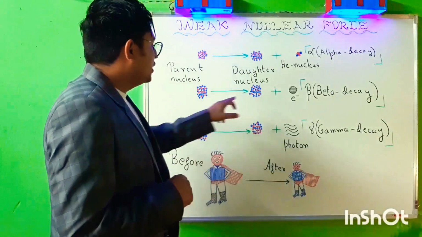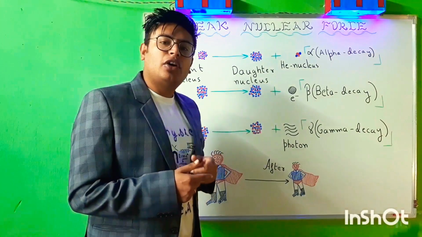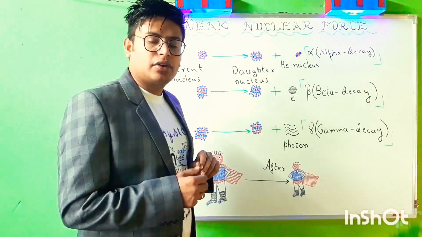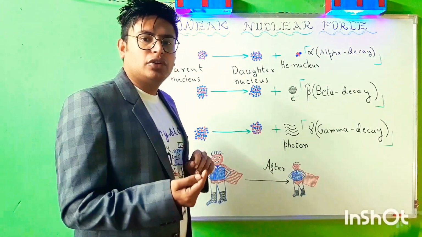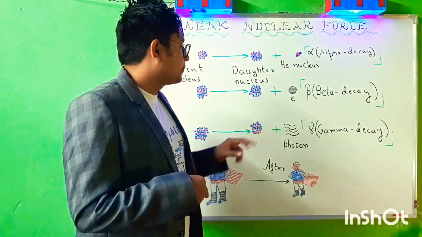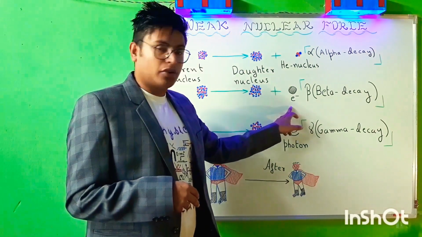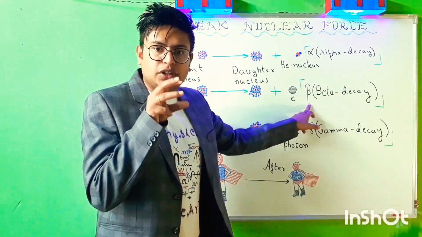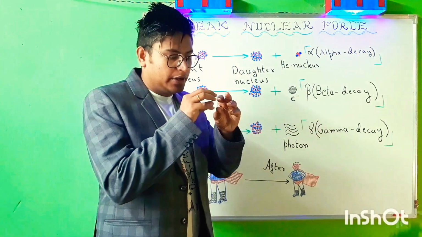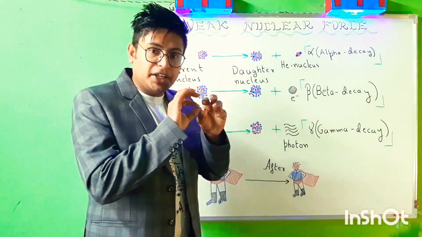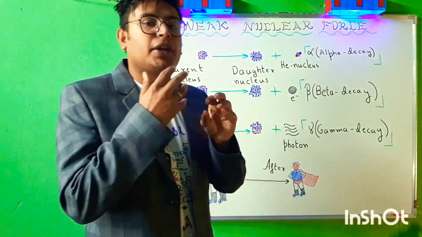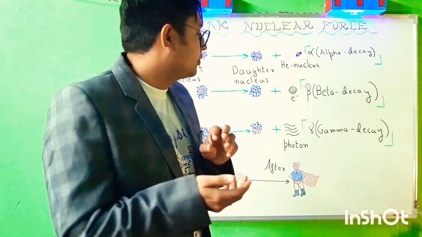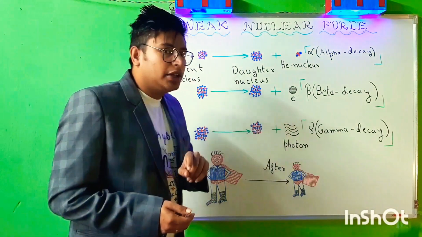In this process the conversion of one nucleon or two nucleons takes place, releasing an electron, that is a beta particle, from the nucleus. It could be a plus beta or minus beta decay. So this is your beta decay process.